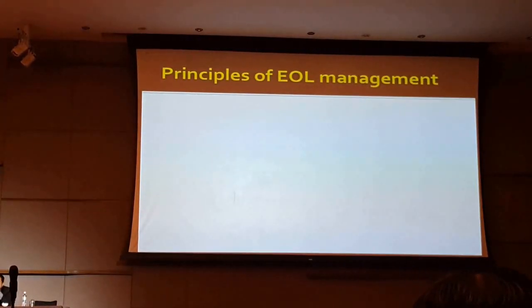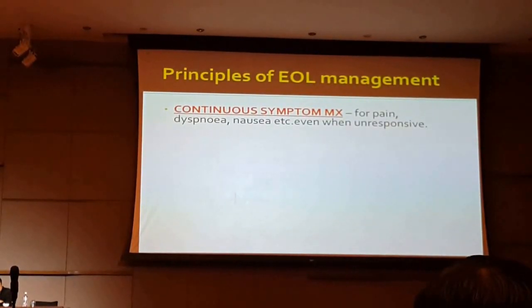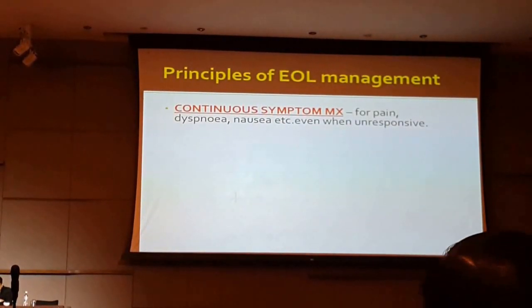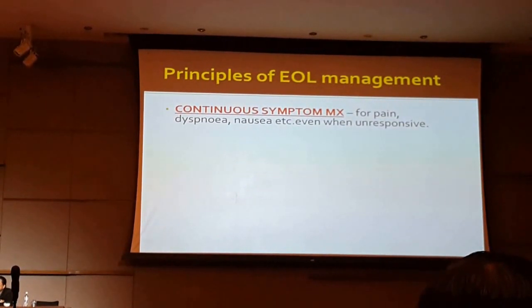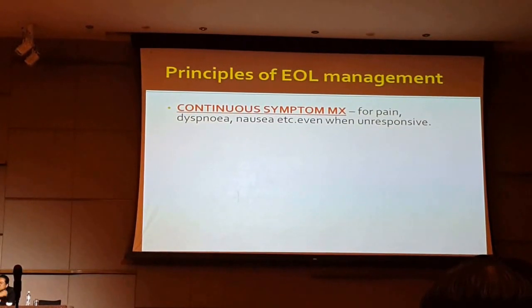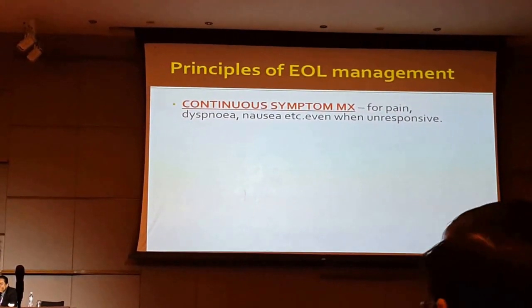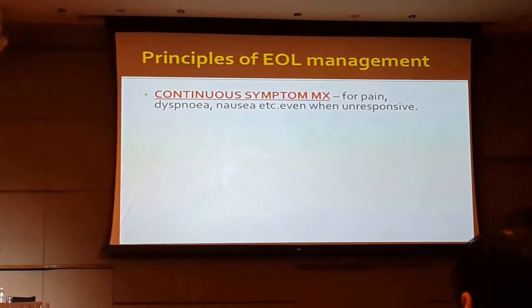And some of the key principles in terms of end-of-life management would be, first and foremost, continuous symptom management. Very often patients may have things like pain, dyspnea, nausea in an earlier part, and as they reach the terminal phase, they become less responsive. Sometimes people say that, because they're not responsive now, they don't have pain anymore.